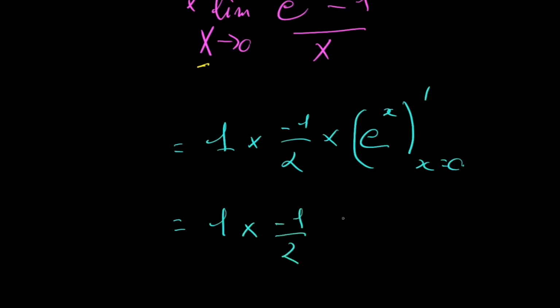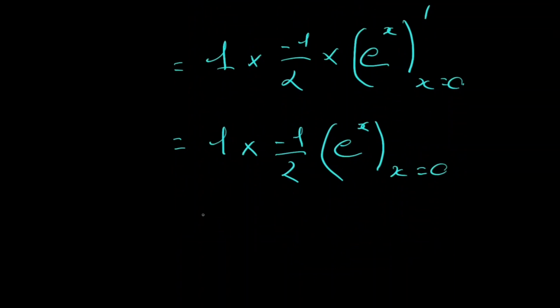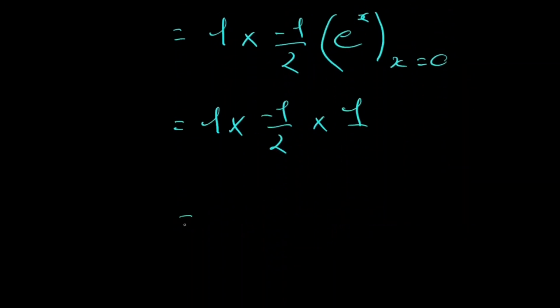Exponential of x prime is equal to exponential of x evaluated at x equal to 0, which is equal to 1 times minus 1/2 times exponential of 0, which is 1, so it is equal to minus 1/2. So we have D is equal to minus 1/2.